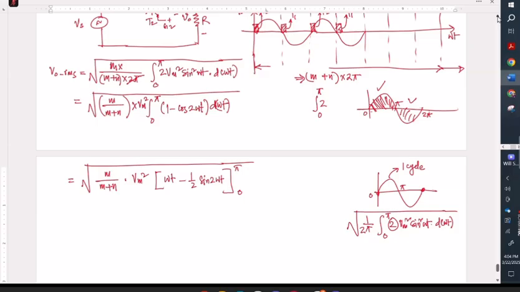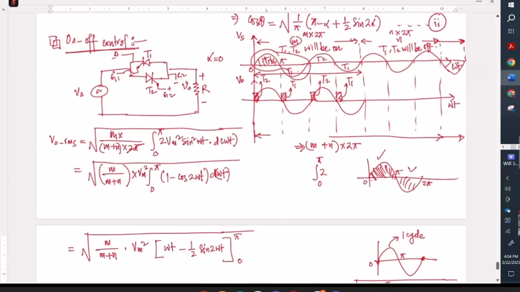So now tell me how many cycles we have here? M cycles, right? So it should be 2 multiplied by m, not multiplied by 2 pi. Yes, sir. You got my point? Yes, sir. Is there any confusion?